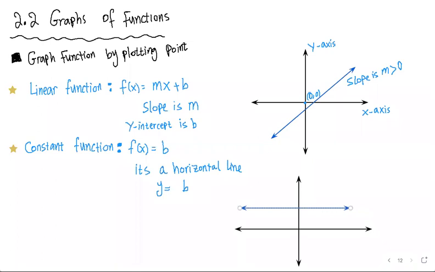Here again, this is my x-axis, y-axis, and this here is b. This is my b, and this is y equals b, f of x equals b, and this is the origin point, 0, 0. This is the second type of function, constant function.